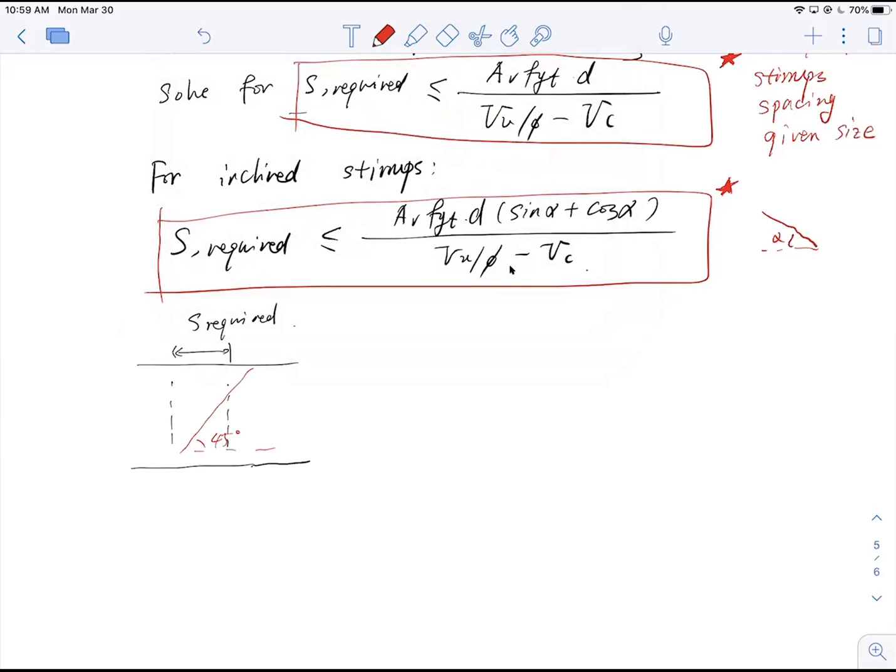I have to make sure there is at least one stirrup in the spacing d.